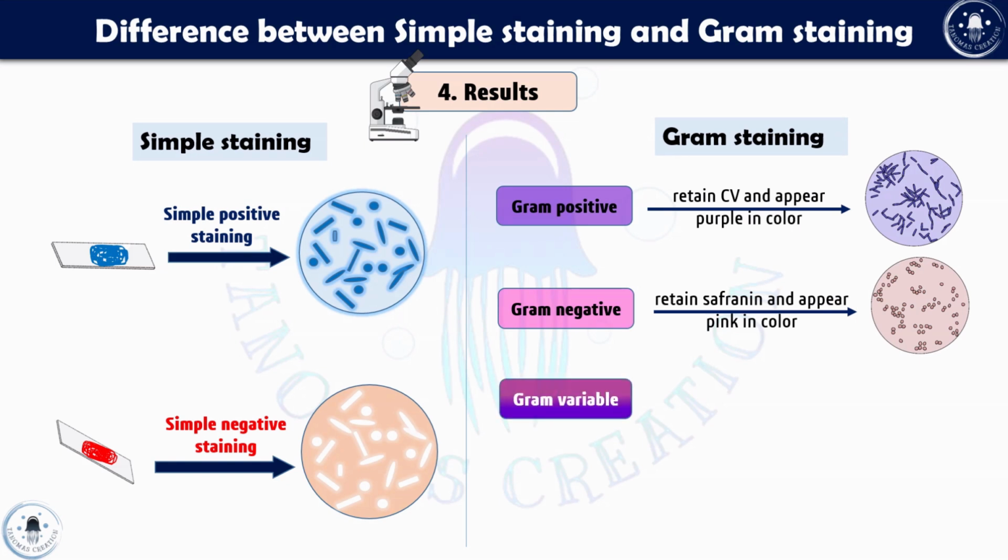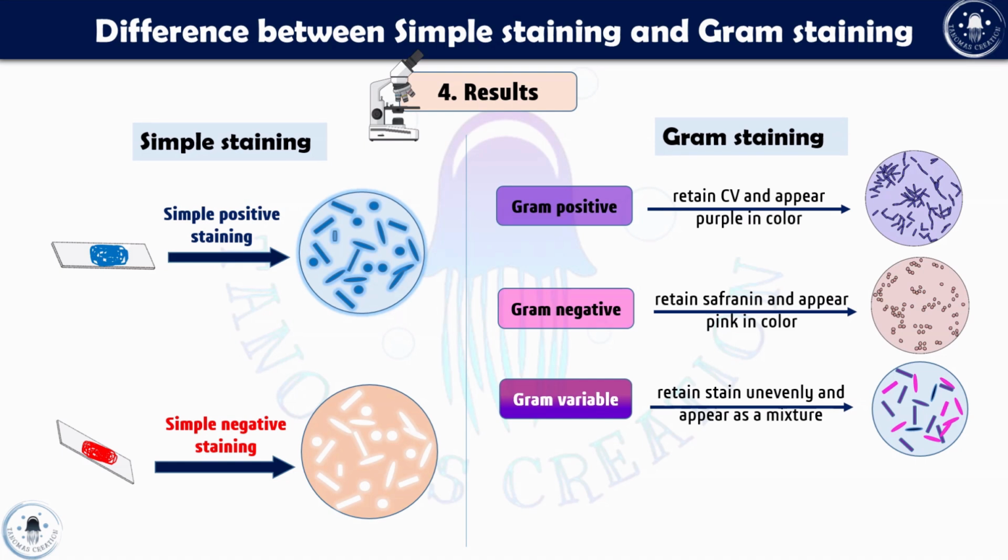There are also two other groups. One is gram variable. They will retain the stain unevenly and appear as a mixture, somewhat like this. Some will take up the safranin color and some will take up the crystal violet, so you can see a mixture of bacteria present.